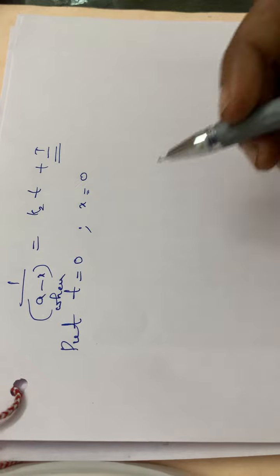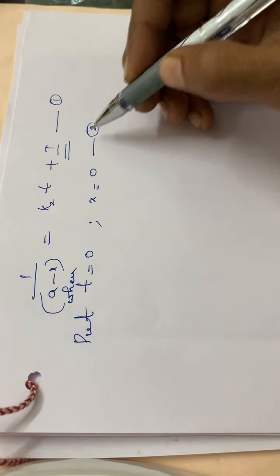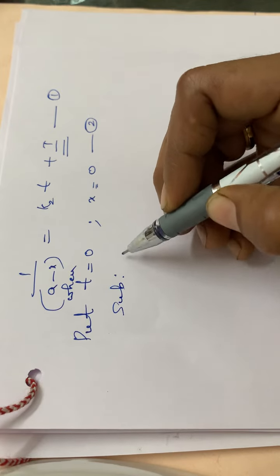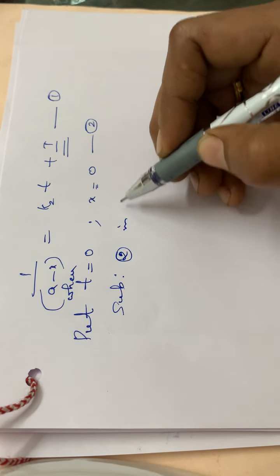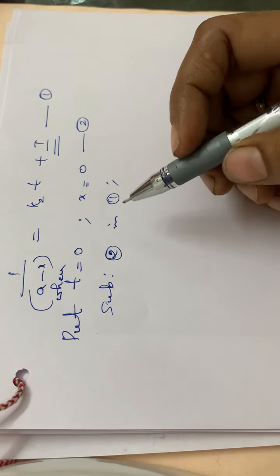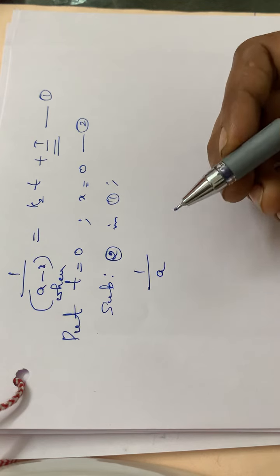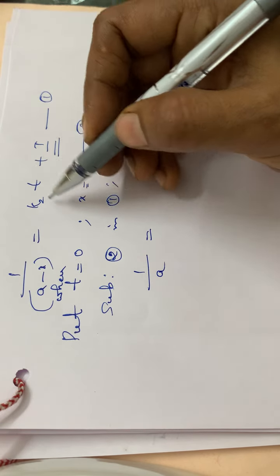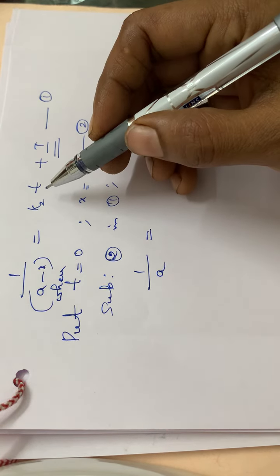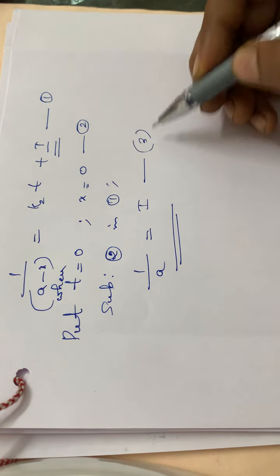So you have to substitute equation 2 in equation 1. Here it becomes 1 by A, with x equal to 0, and this term cancels since t is equal to 0. So 1 by A is equal to I. This is equation 3.